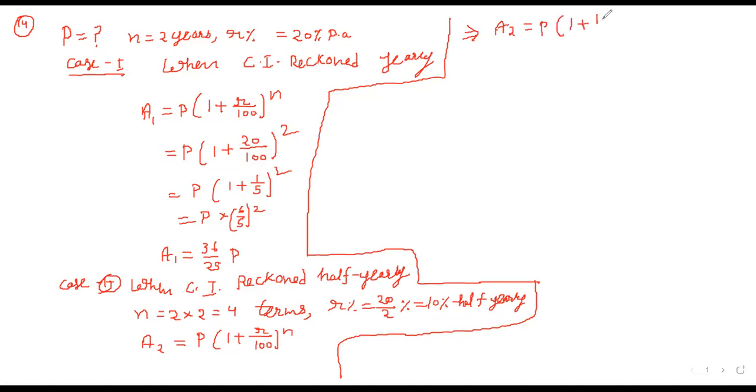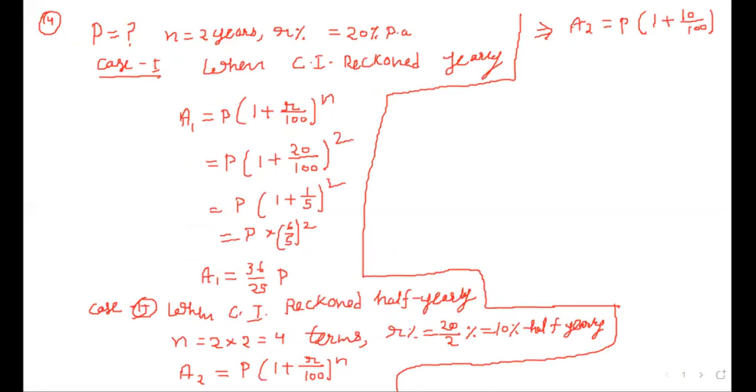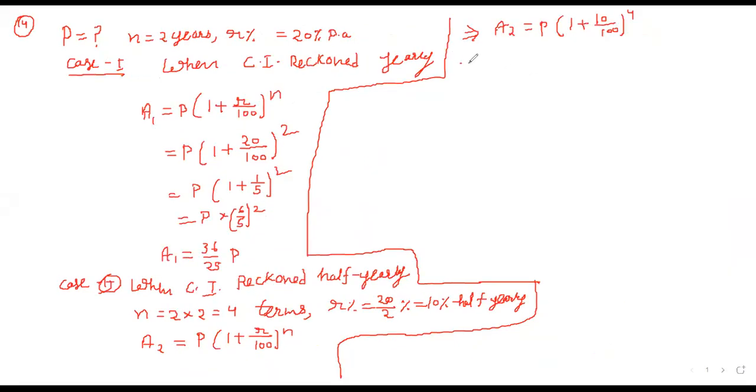So it becomes 10 by 100 whole to the power 4. So it implies A2 equals P into 11 by 10 whole to the power 4.